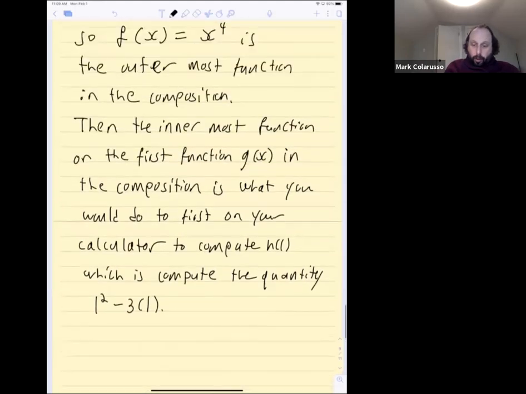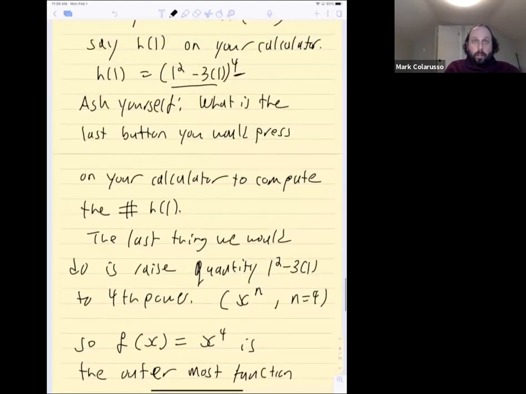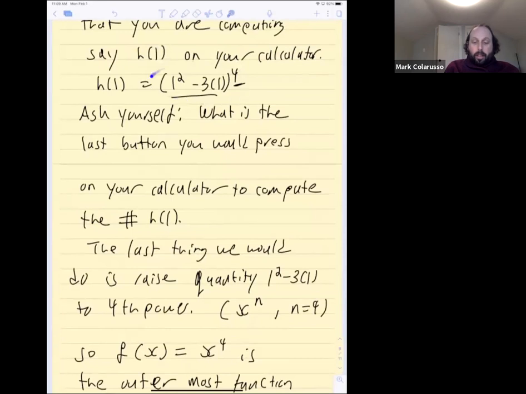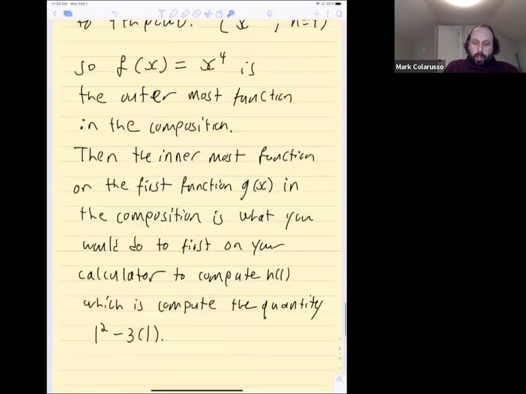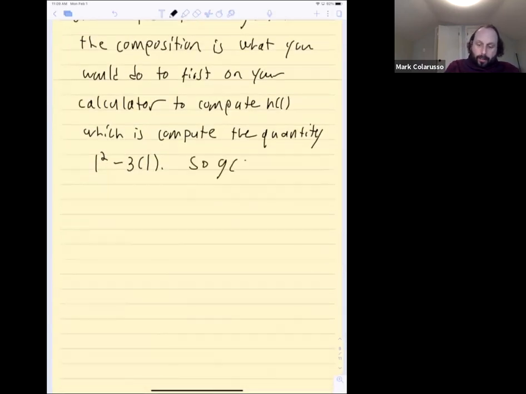If you were computing this on your calculator, the first thing you would compute is 1 squared minus 3 times 1. Then you raise it to the power 4. So the innermost function, the first function of the composition, is what you do first on your calculator. So g at x is x squared minus 3x.